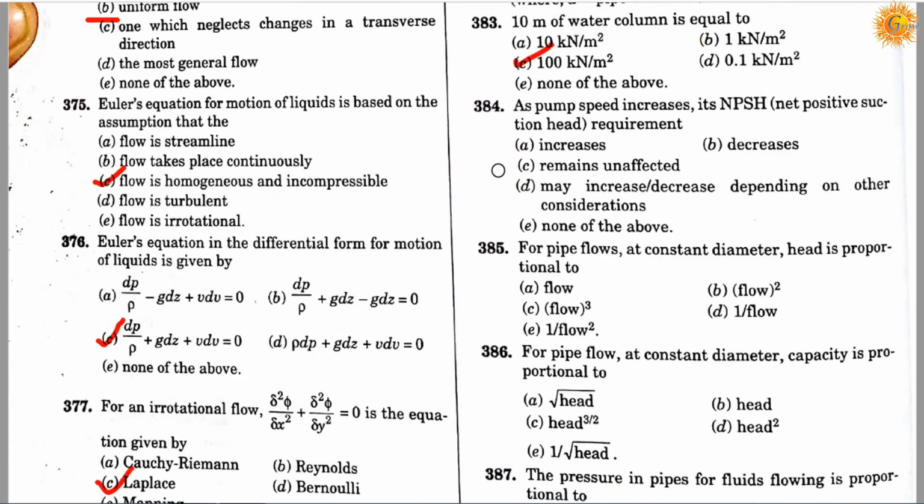Question number 384. If pump speed increases, its NPSH, meaning net positive suction head, requirement will be: option A, increases; option B, decreases; option C, remains unaffected; option D, may increase or decrease depending on other considerations; option E, none of the above.